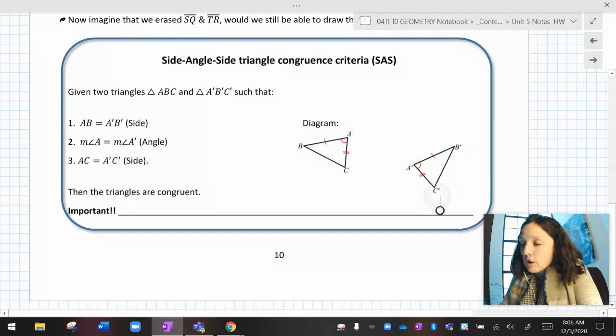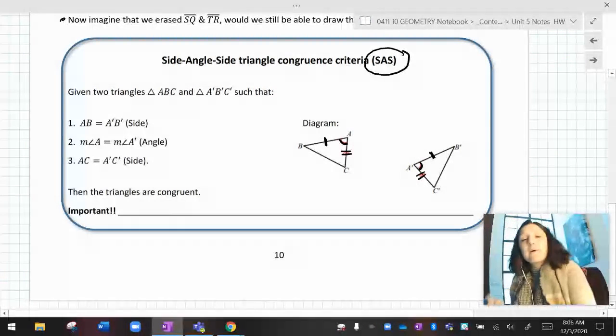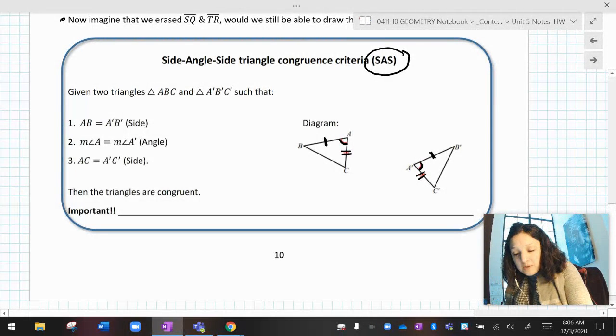And the first one we talk about is called SAS, side angle side. If you know the side of one triangle is congruent to a side of another triangle, another side of that triangle is congruent to another side of the other, and the angle in between those sides, not just any random angle, the angle in between those sides, called the included angle.